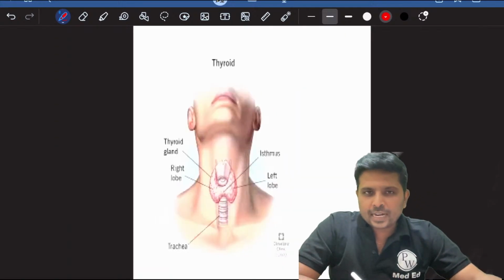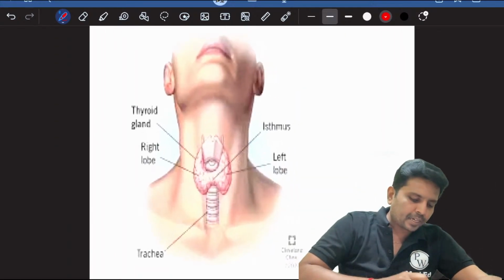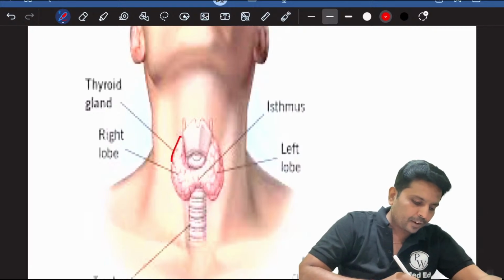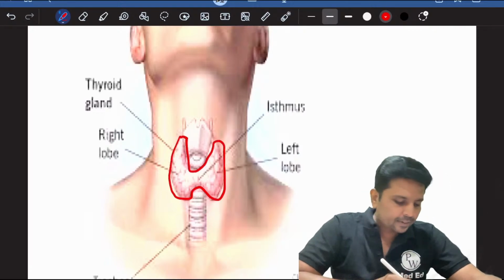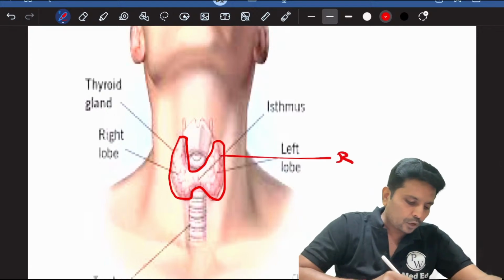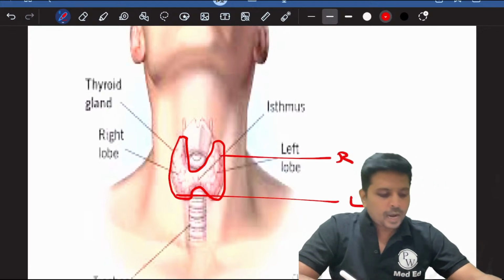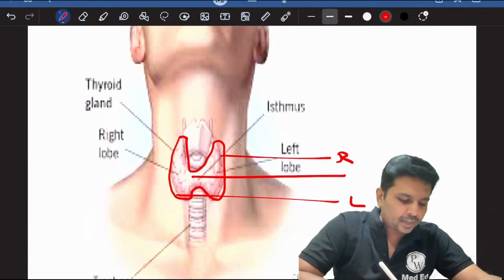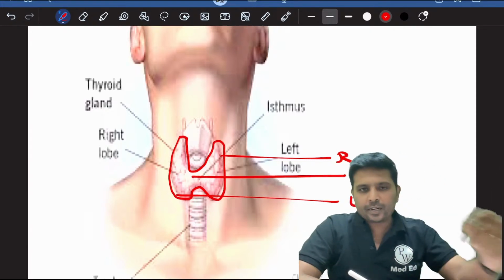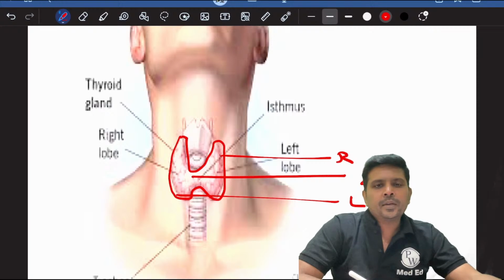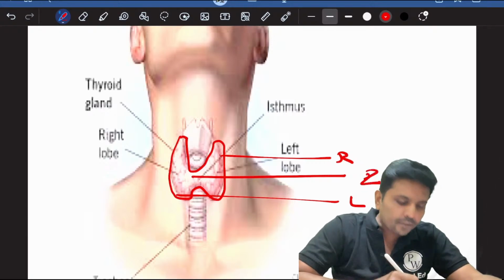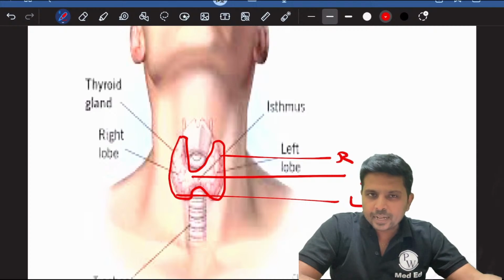You all know that the thyroid gland is a butterfly shaped structure. It has a right lobe and a left lobe, and in between you have a connecting tissue called the isthmus. It lies below the level of the cricoid cartilage, in front of the tracheal cartilages.